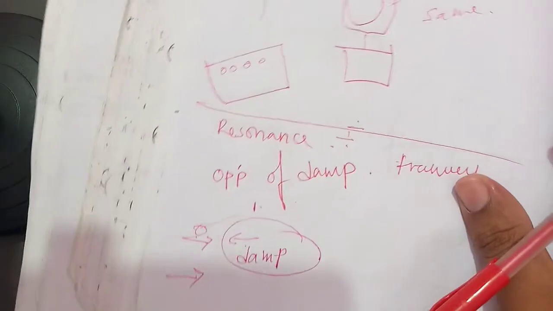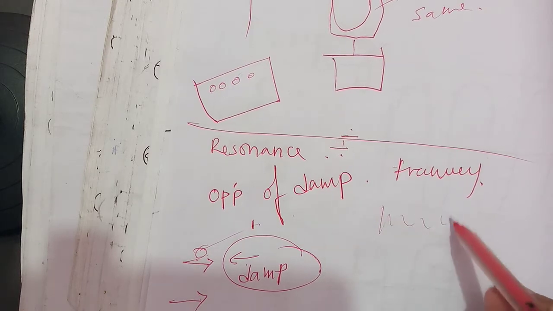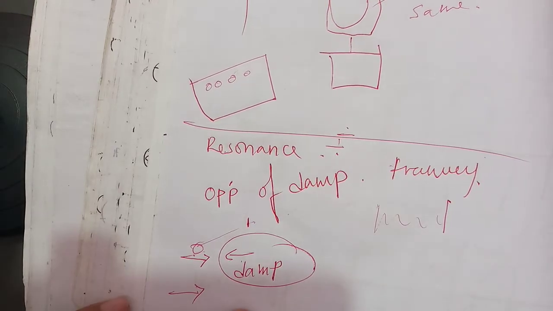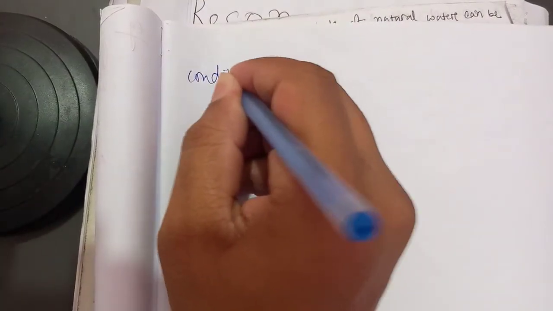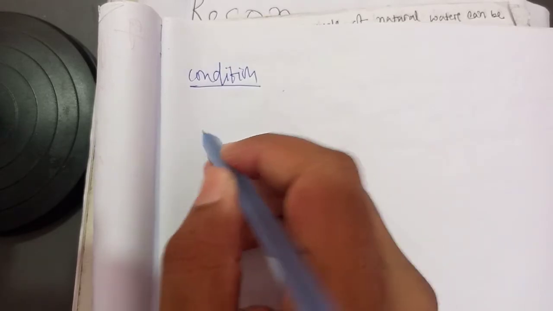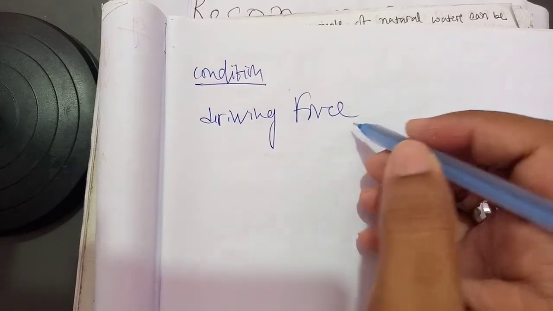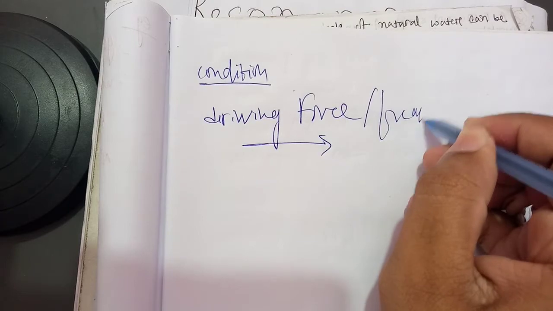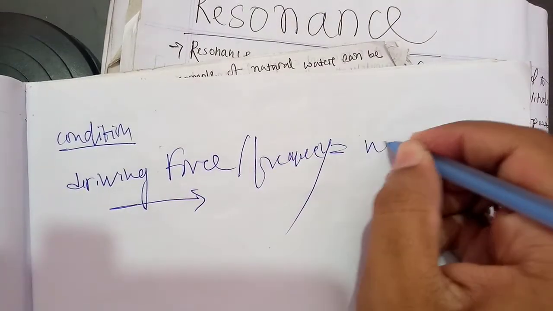So what happens is, like if any string or spring is, so the condition here is that the force that you are providing, the driving force, the driving frequency, must be equal to that of the natural frequency.